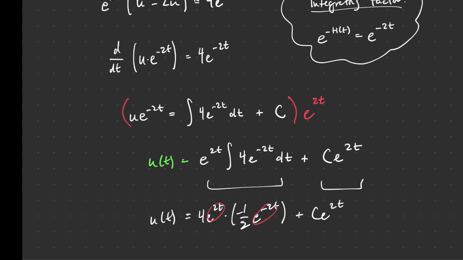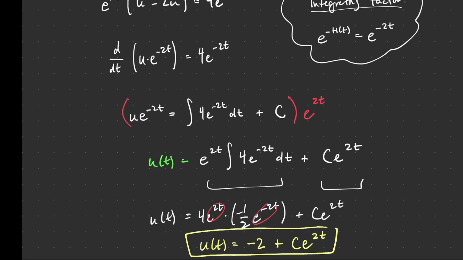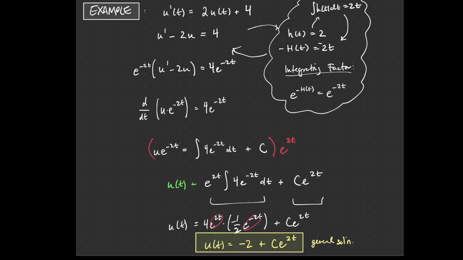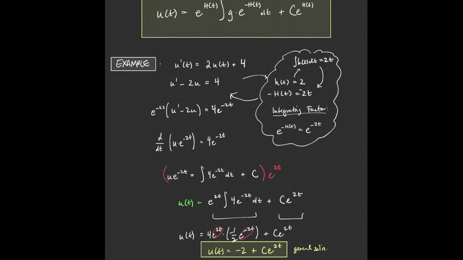That leaves us with u of t equals negative 2 plus c e to the 2t. This is a general solution, and if I had an initial condition, I'd plug it in and solve for c to find the particular solution. So this is the long way, following the full process.